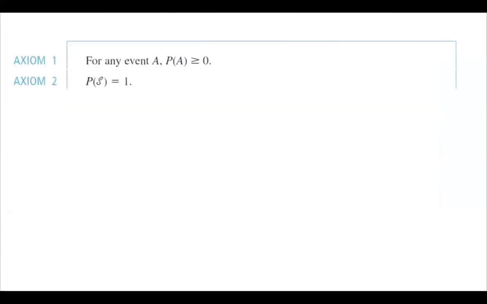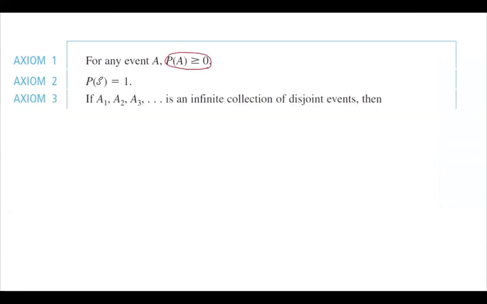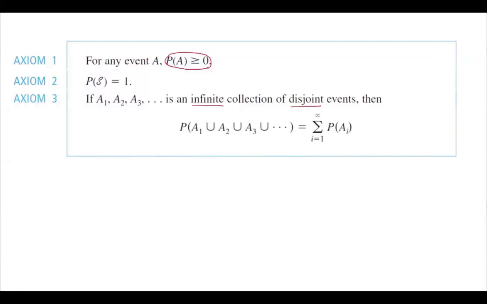We can also generalize the idea. For any event like A, P of A is always positive, so this function cannot be negative. The probability of the sample space is equal to 1. And if you have an infinite collection of disjoint events, like A sub 1, A sub 2, A sub 3, A sub 4, and so on, then the probability of their union is equal to the summation of their probabilities.